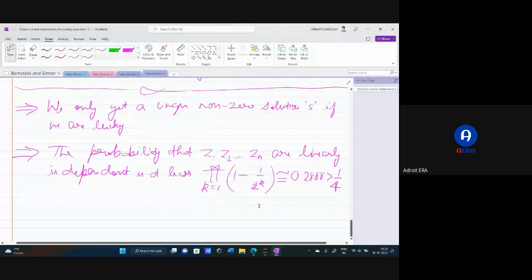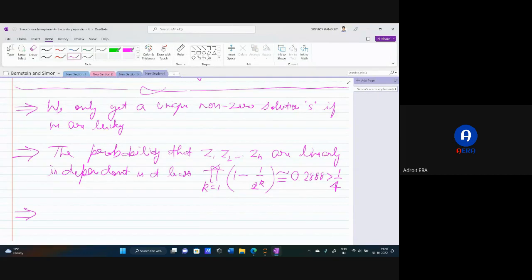Now, the last point, and then we will see the Qiskit implementation, and Simon's algorithm is finished.